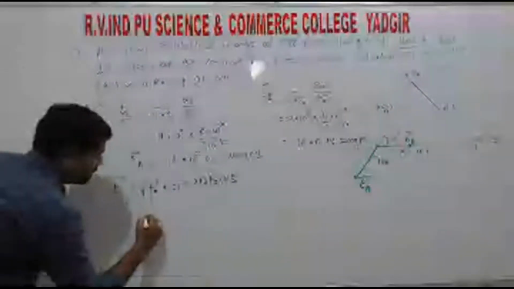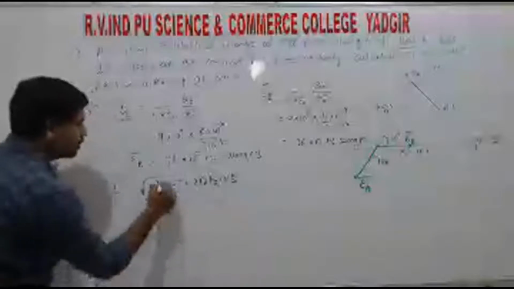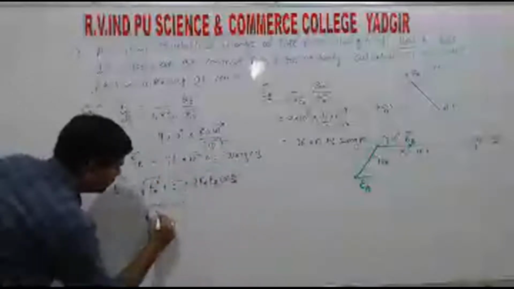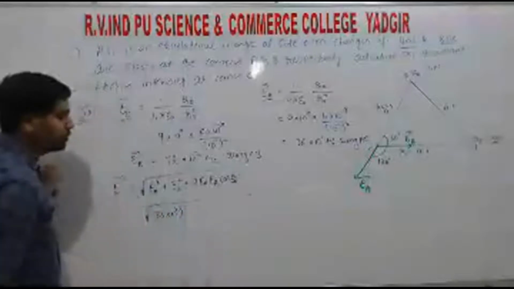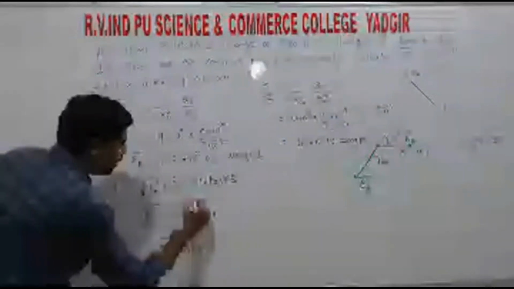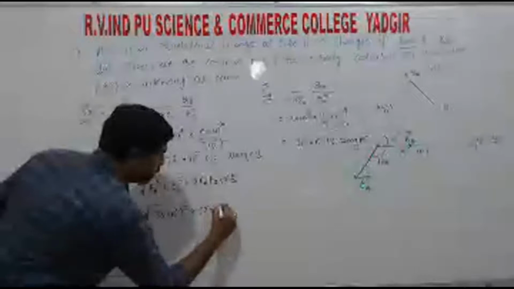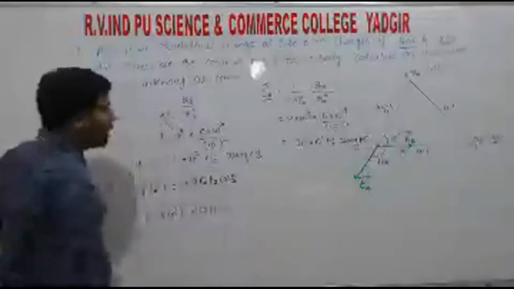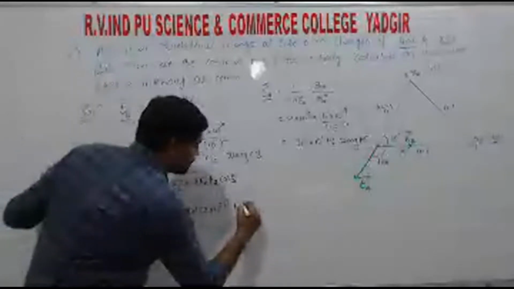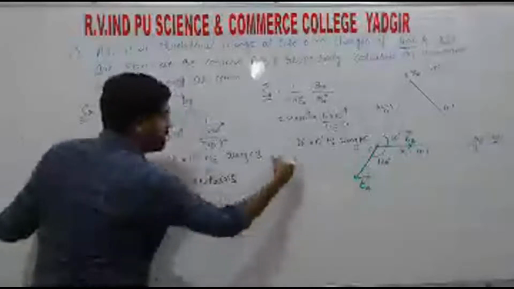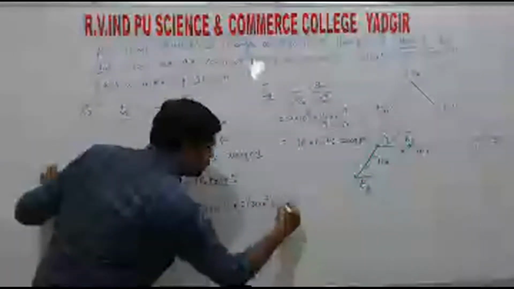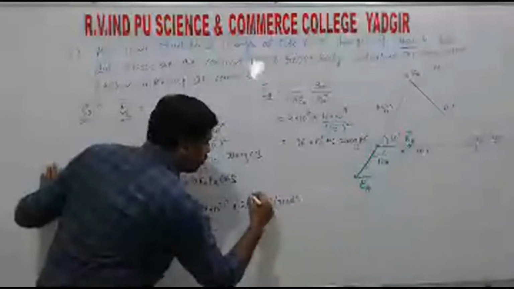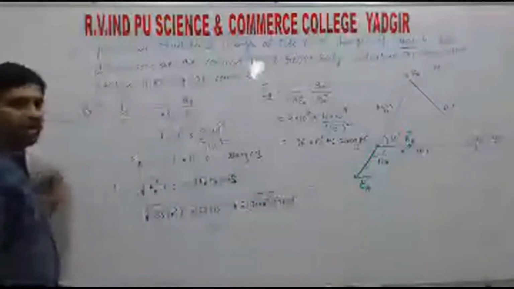So substituting here, EA, that is 36 into 10 to the power of 2, whole square, right? EB, 72 into 10 to the power of 2, whole square, right? Plus 2 into EA 36 into 10 to the power of 2 into 72 into 10 to the power of 2, cos 120.